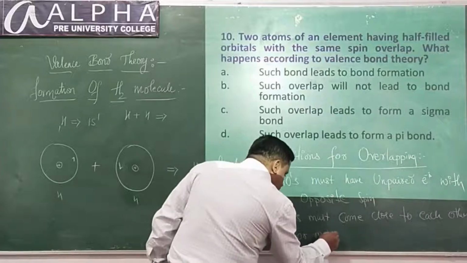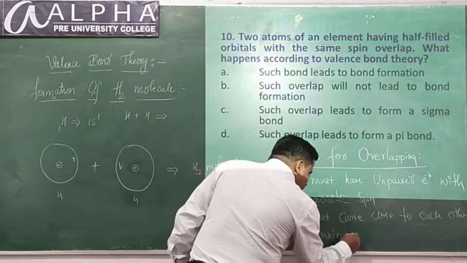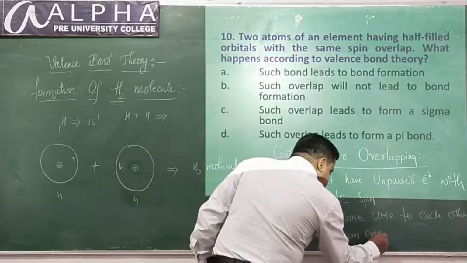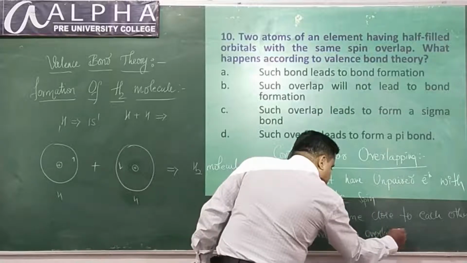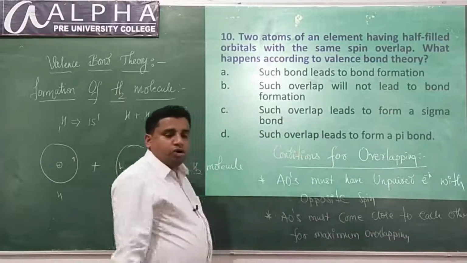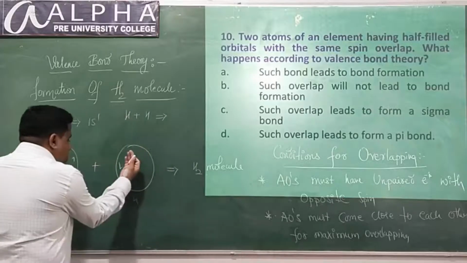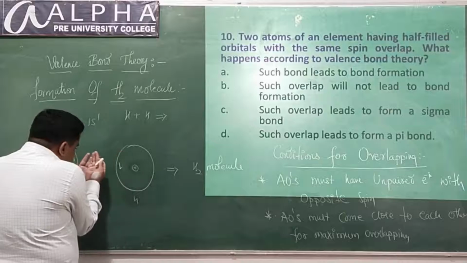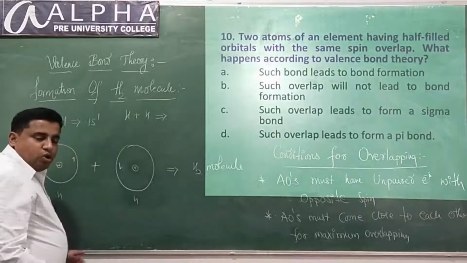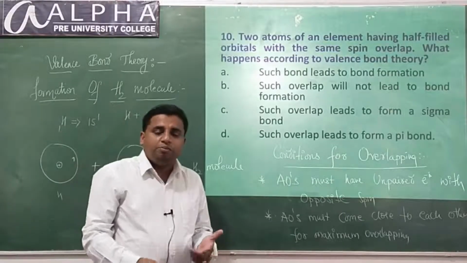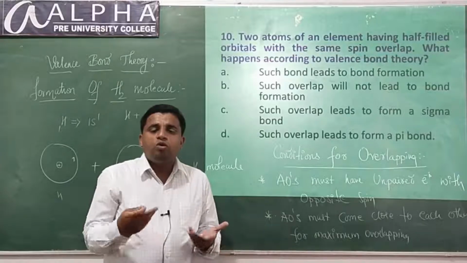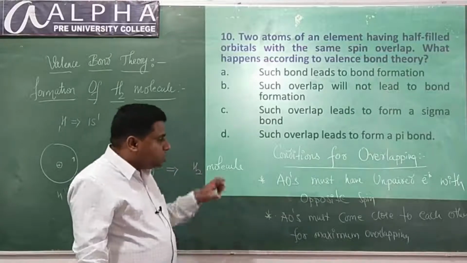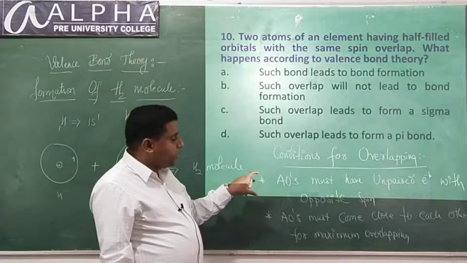Because the more the overlapping, the stronger will be the bond. So these two atomic orbitals should come very close to each other. When they come very close, the extent of overlapping will be more, and the more the overlapping, the stronger is going to be the bond. So I think one condition is very clear.